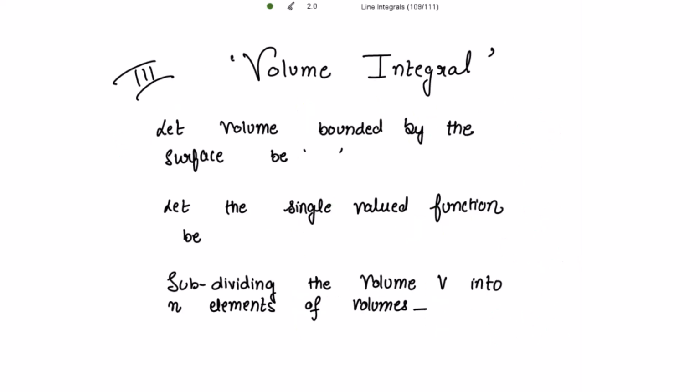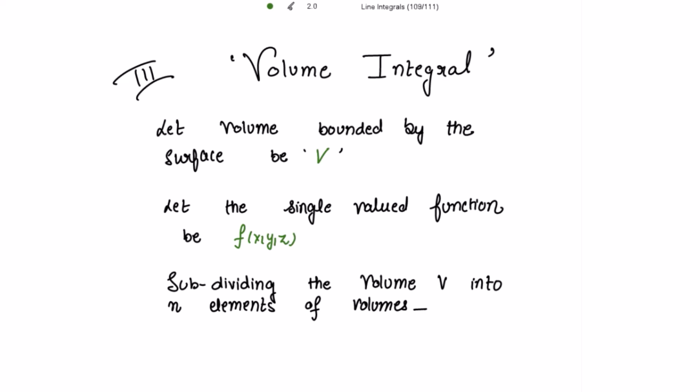Then is the volume integral. So let the volume bounded by the surface S be V, and let the single valued function be f vector depending on x, y, z variables.